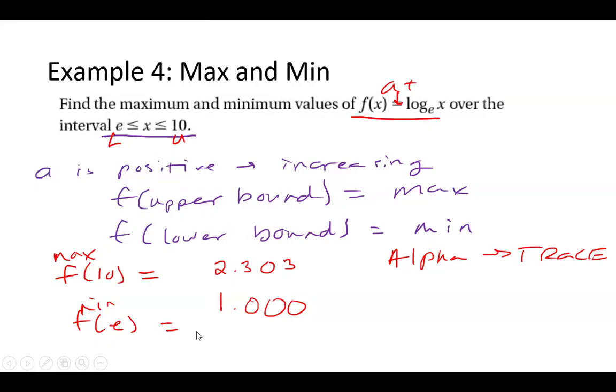My lower bound was e, and it gave me the value of 1. If I'm finding multiple values on the calculator, I'm going to use alpha trace, and that basically allows me to use function notation. So alpha trace allows us to use function notation.